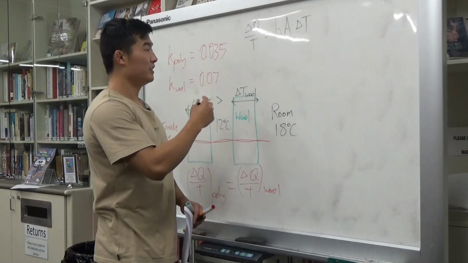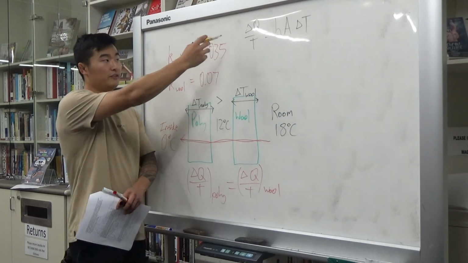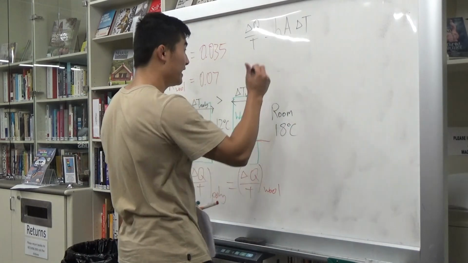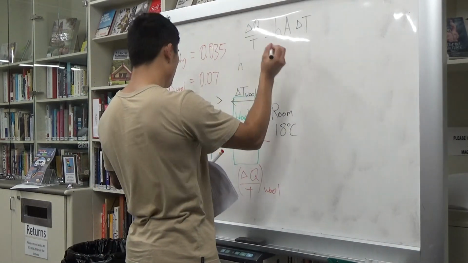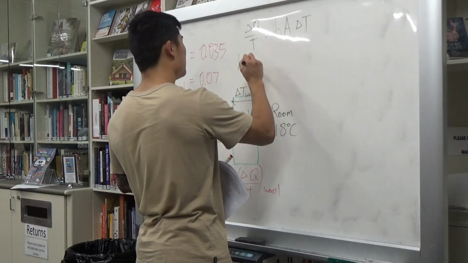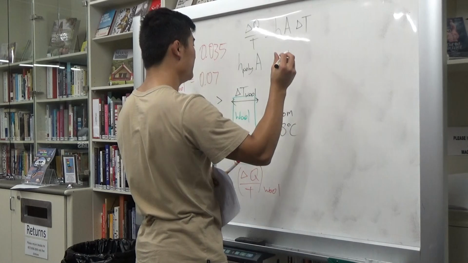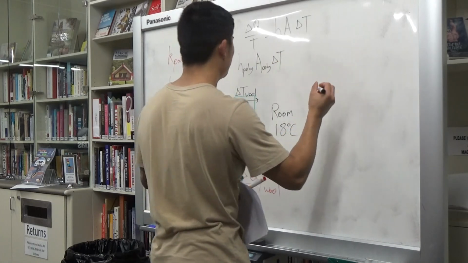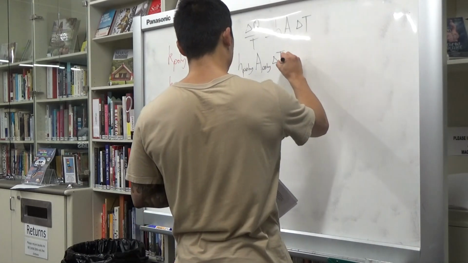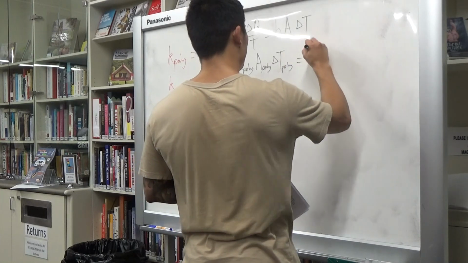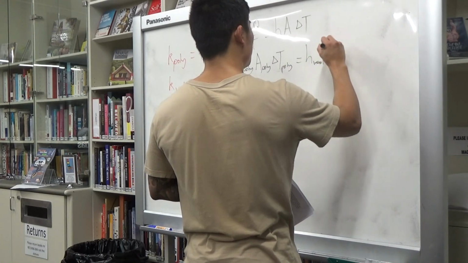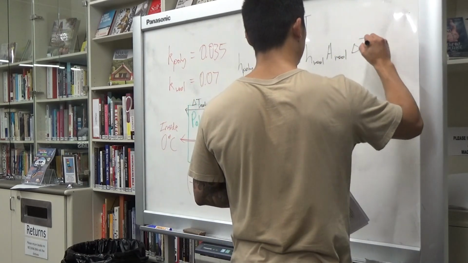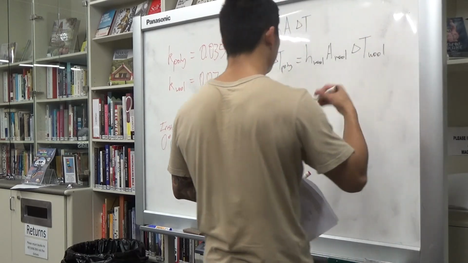So it means that because the delta Q over T of both, the rate of heat transfer of both, is the same, we can rewrite this as the H of polystyrene multiplied by the surface area of polystyrene multiplied by the temperature difference across the polystyrene is equal to the H of the wool multiplied by the surface area of the wool multiplied by the temperature difference across the wool. Okay?